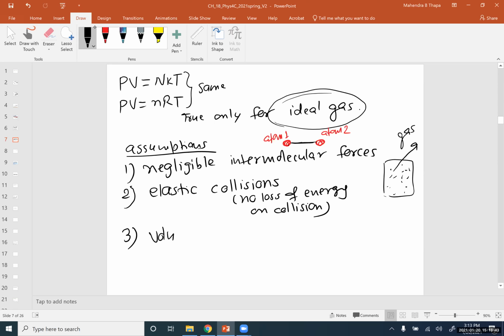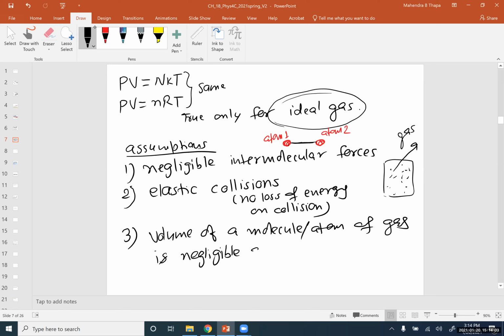So we write: the volume of a molecule or atom of the gas is negligible compared to the volume of the container.